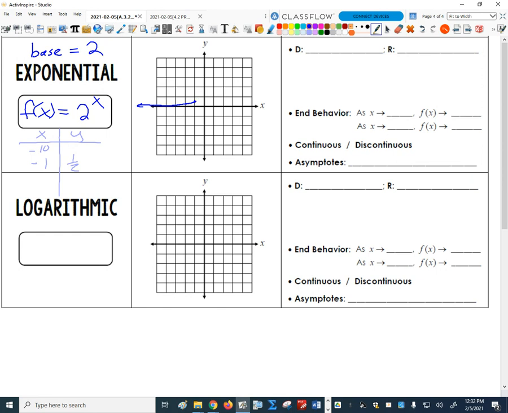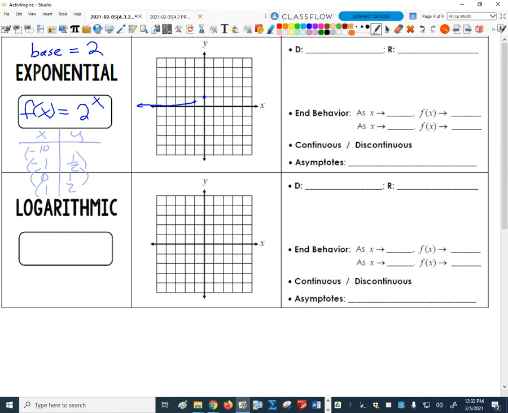What if I put in 0? 2 to the 0, there's another rule of exponents that we will review. It's 1. Anything to the 0 power is equal to 1. And I know that's a little mysterious. We'll review that stuff later. But just for now, just believe me on that. So it's going to go through the point 0, 1. If I put in the number 1, 2 to the 1 is 2.